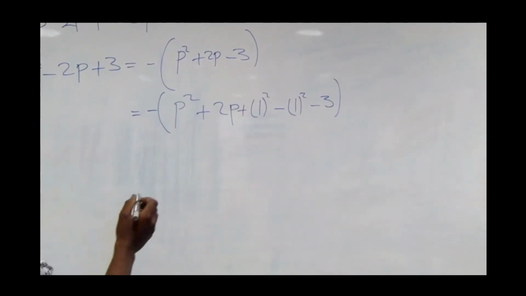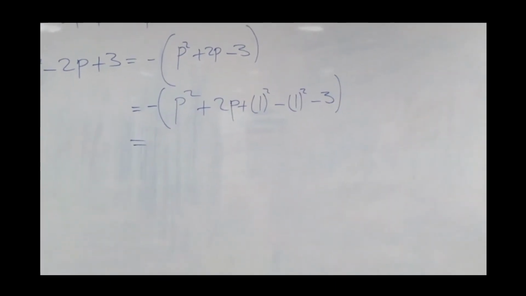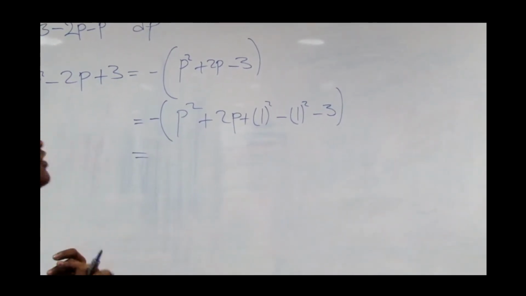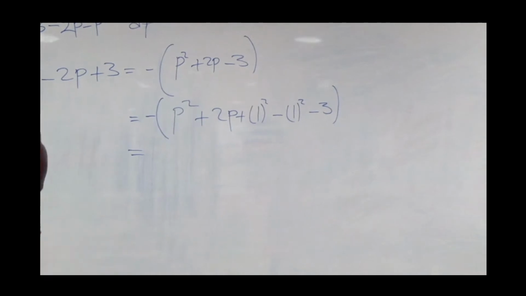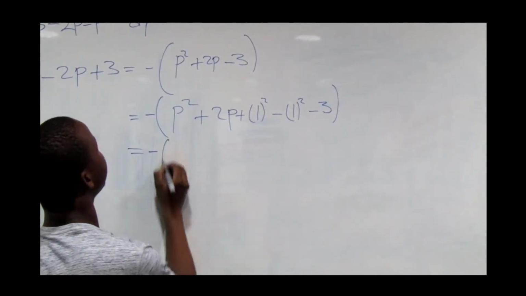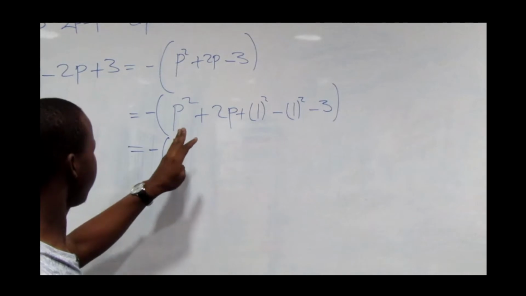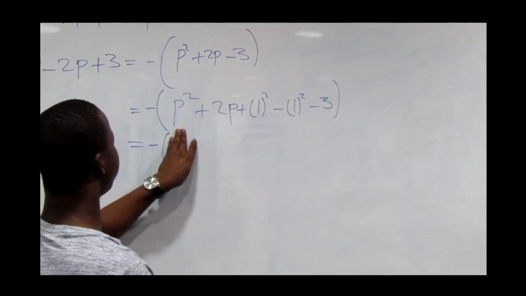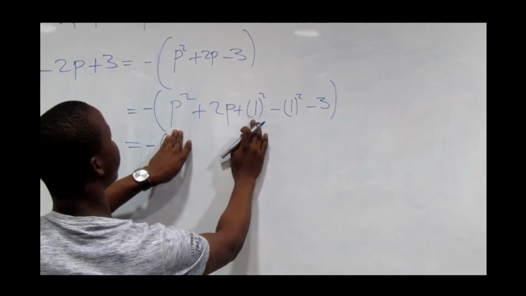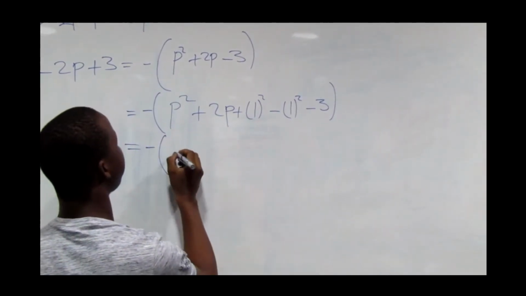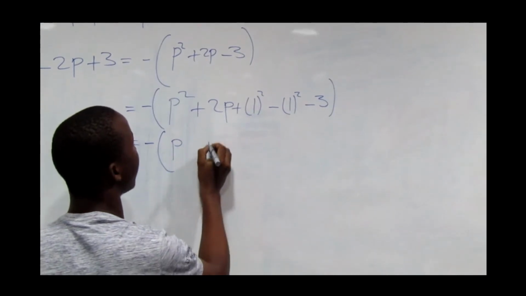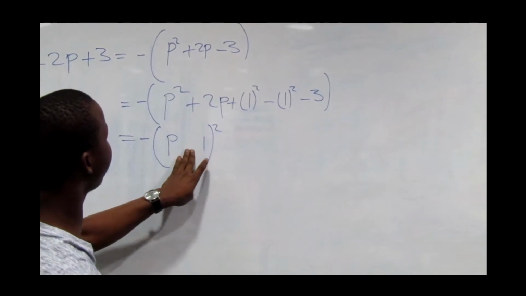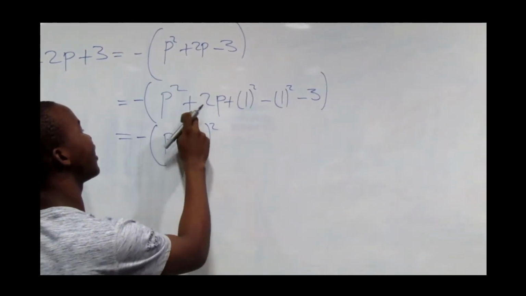Then we close the bracket. The third step says that we must consider the sign of the second term before we do anything else. Meaning we put a negative outside. Then we take p squared, and we take 1 squared: p, 1, and we put a square. The sign included here is always the sign of the second term.